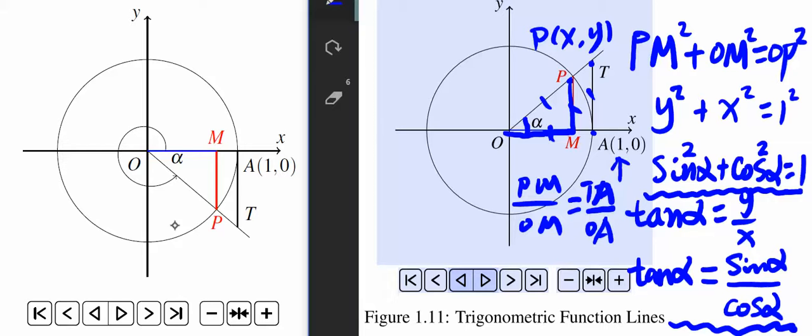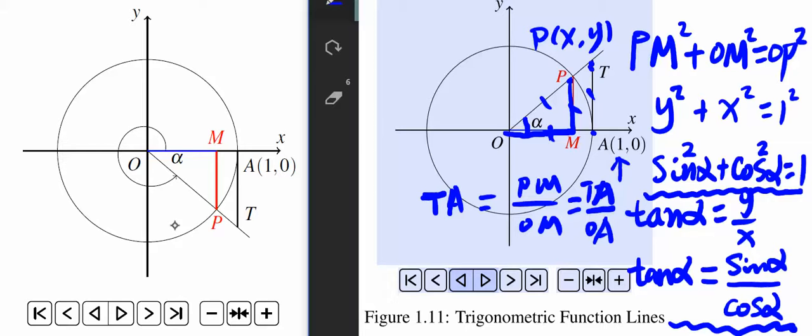OA is 1 here. So that means PM over OM is actually equal to TA.